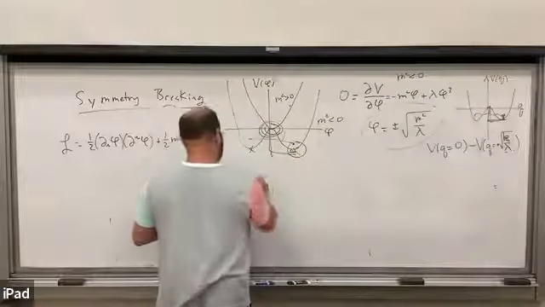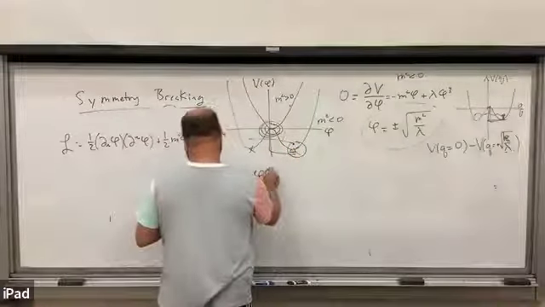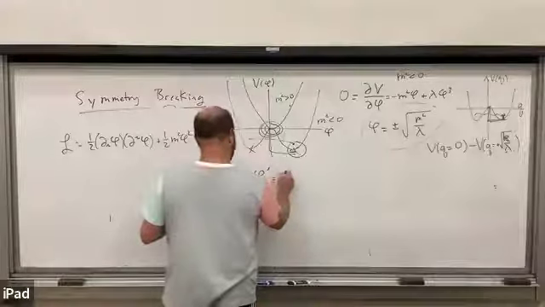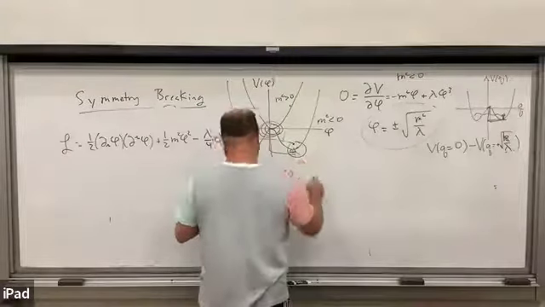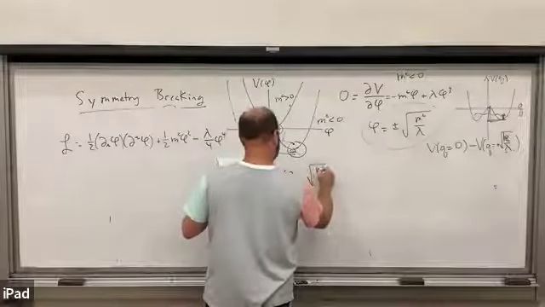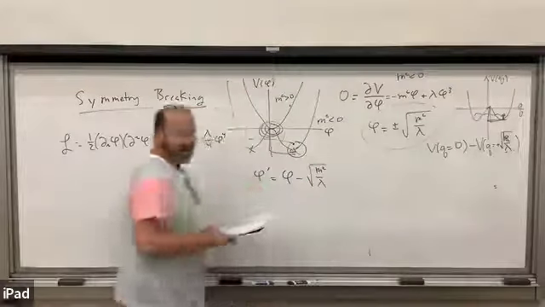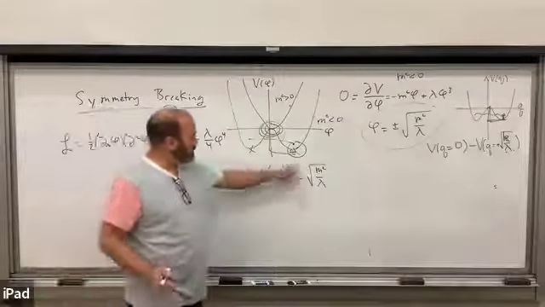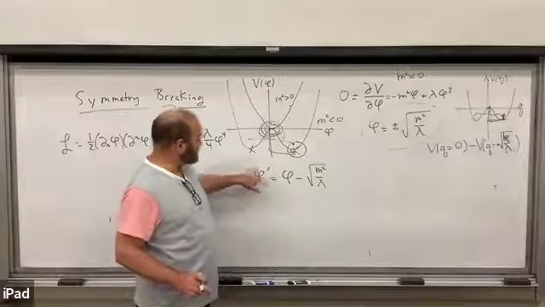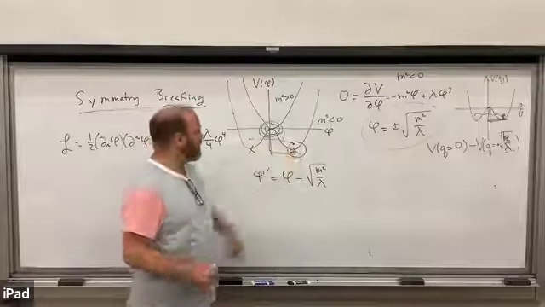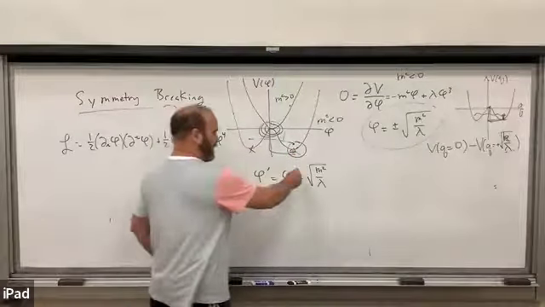Okay, and so I'm going to define a new field called φ' equal to the old φ minus this. So I'm subtracting this off from the field, and so this is expanded around this point. If I were to expand around the other point, then I would have a plus sign here.